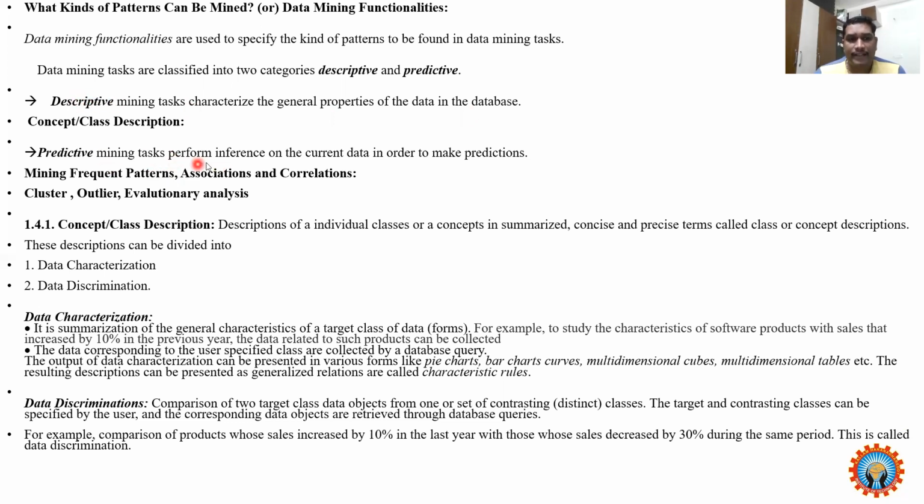Otherwise, if you make inferences on the current data in order to make predictions, then it is called predictive. Simply, if you have class labels or general properties of features, you can easily understand what descriptive and predictive mean.